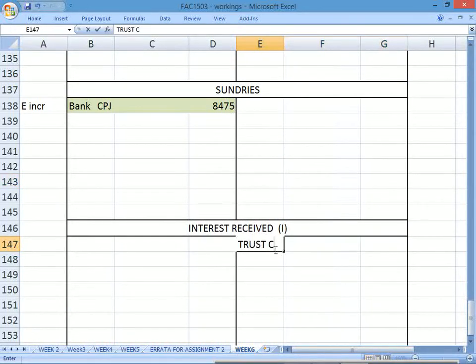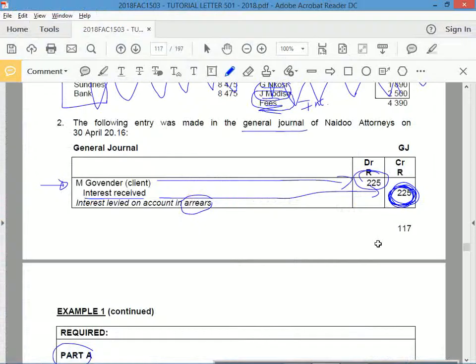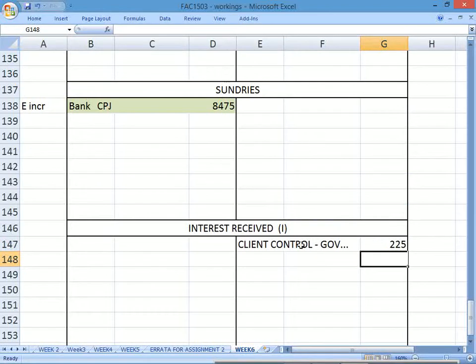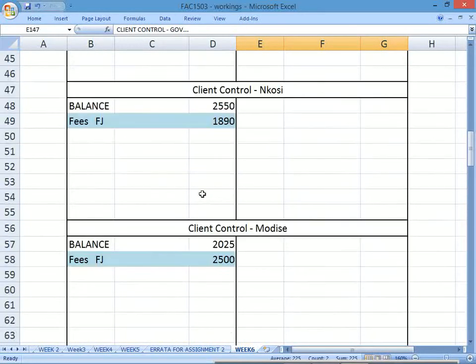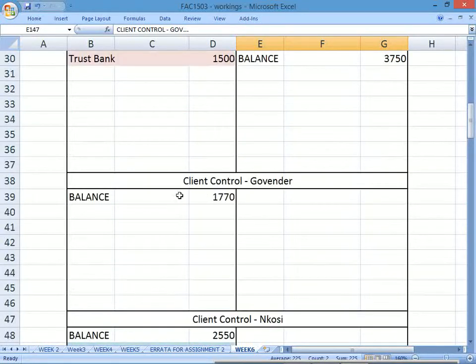So client control, Govender, 225, and then in Govender's account, let's find that account, client control Govender, you would have shown interest received 225.